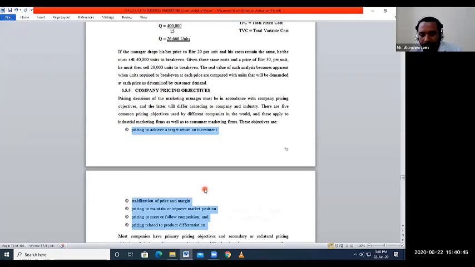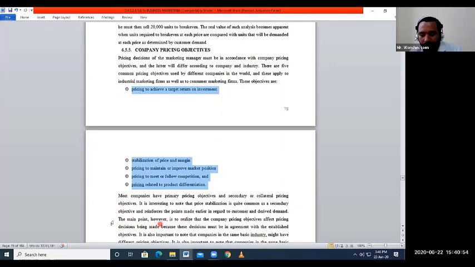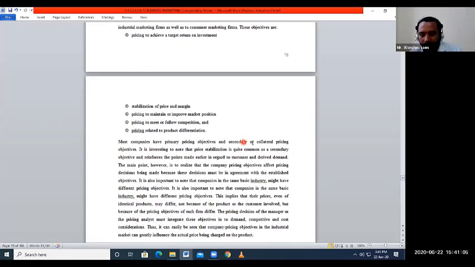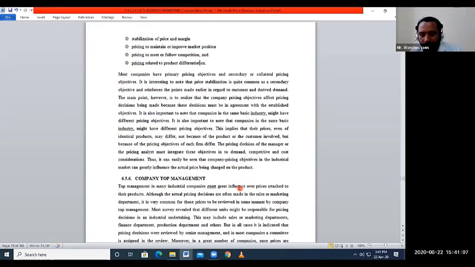these pricing objectives while setting industrial products or a price for industrial products. So in this case, if the pricing objective is met, we can set a different price. Another factor is the top management.